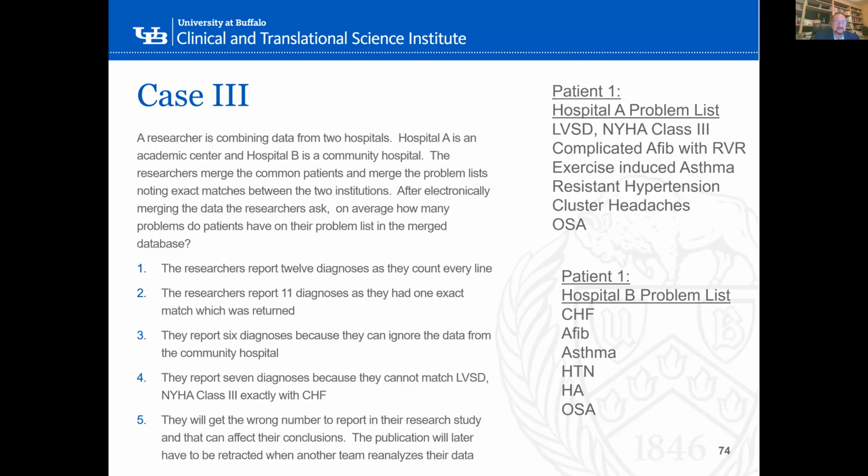And that they were just viewed differently by the different specialties. And I think that that's okay. But often we do studies that are counting things, right? That's very common in research. And so you say, well, on average, how many diagnoses does a patient have? Well, in this case, if you just put them by their text, it would be 11, right?